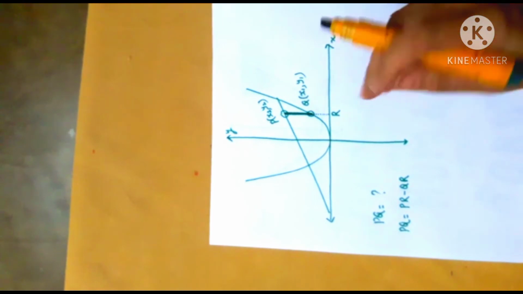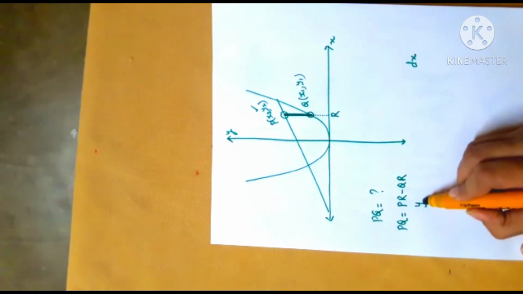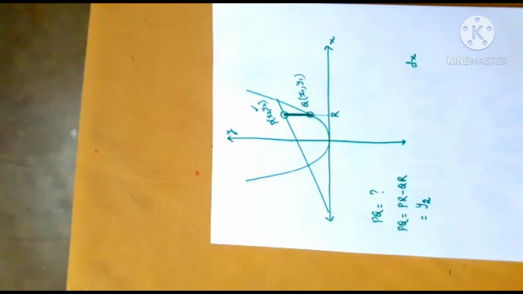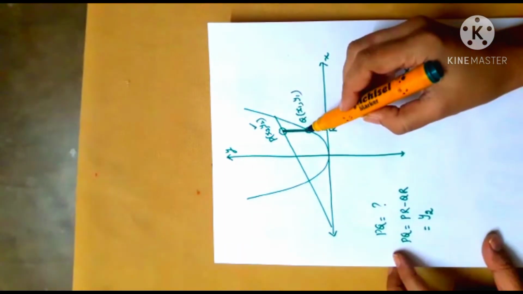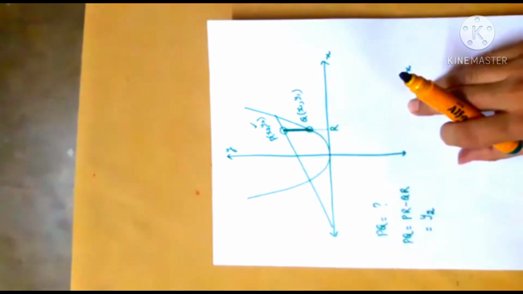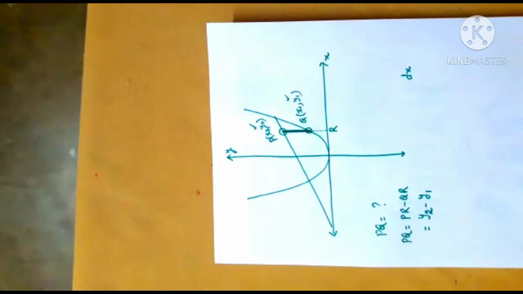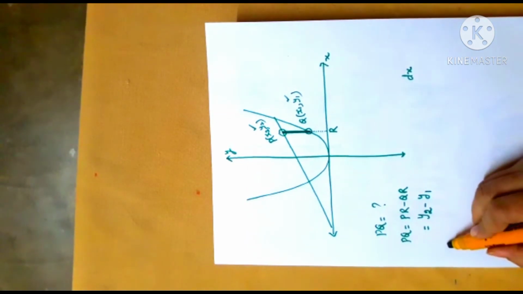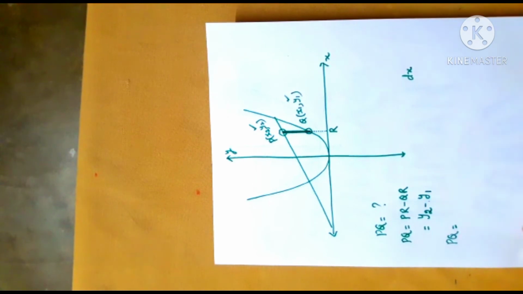So, do you agree it will be equal to the y coordinate of the point? So, PR will be y2. Similarly, QR is the distance of the point Q from the x-axis. So, it will be equal to y1. So, here PQ will be y2 minus y1.